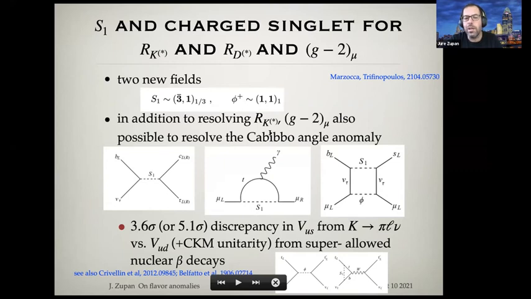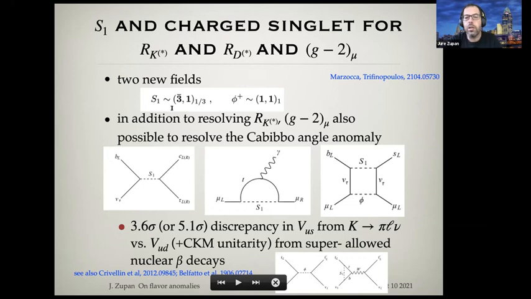And the benefit here is that you can also resolve an anomaly that I didn't talk about, which is the Cabibbo angle anomaly, which is a discrepancy in the CKM unitarity in the first two rows. So the V_us determinations and the V_ud determinations don't seem to be in agreement. Depending on what you take for these nuclear beta decay elements, it's 3 or 5 sigma.